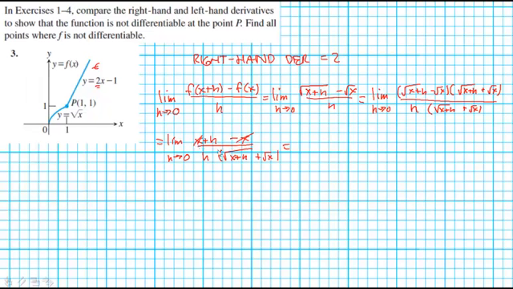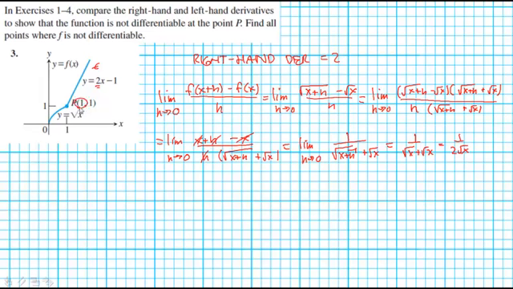Those x's cancel, those h's cancel, leaving me the limit as h approaches 0 of 1 over the square root of x plus h plus the square root of x. We can use the substitution process here, and we end up with 1 over the square root of x plus the square root of x, or 1 over 2 root x.